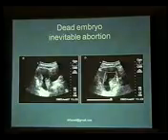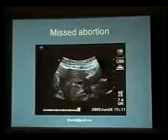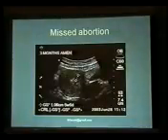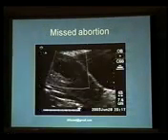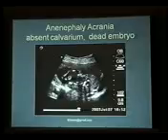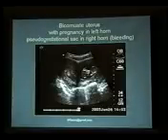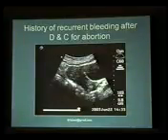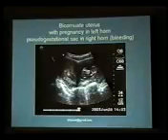In this case, there was a dead embryo and the gestational sac has reached the os. A case of missed abortion, another missed abortion, an embryonic gestation, anencephaly, no head is visible, and absent calvarium, dead embryo. Embryo in one horn and the other horn is empty, and there was bleeding from this side.